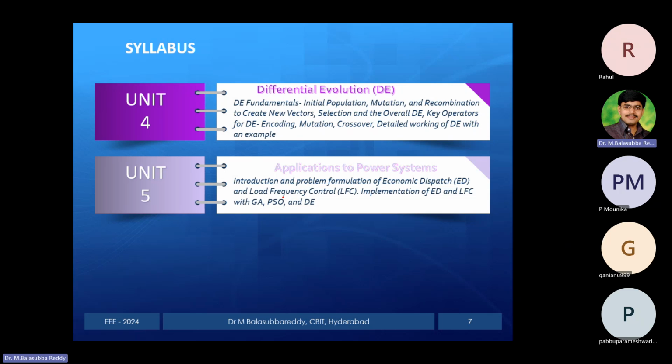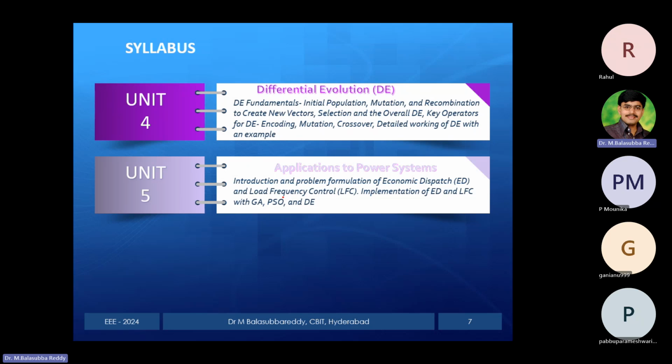The mechanism I explained, then you can apply Python programming, and using any existing data set, we are able to solve that problem. In the same manner, here we are going to solve this problem using a genetic algorithm and PSO and DE. There we used it for supervised learning and unsupervised learning, like that.